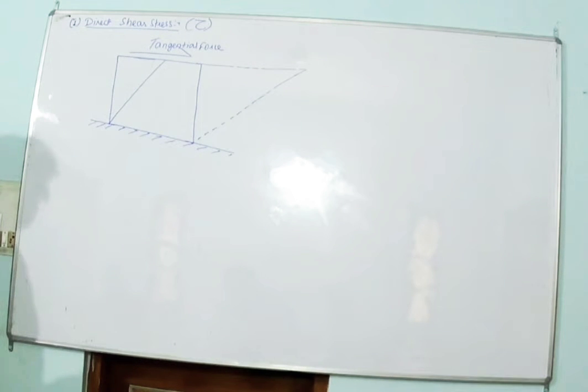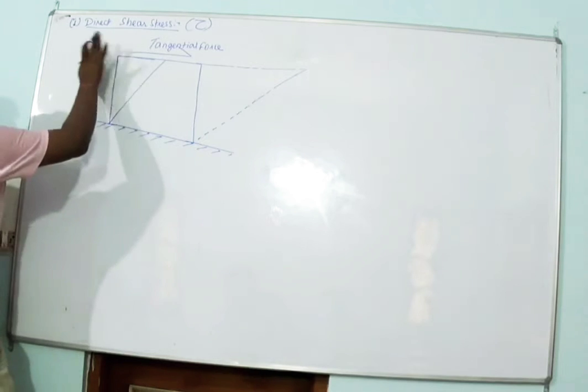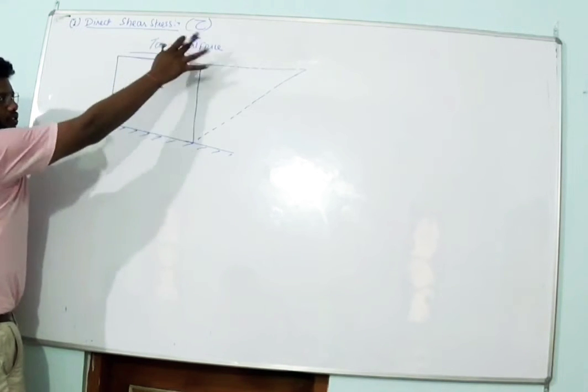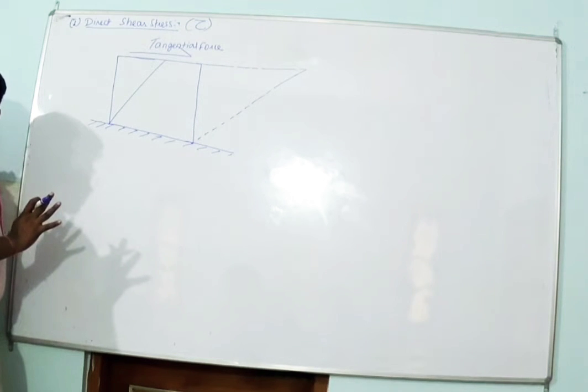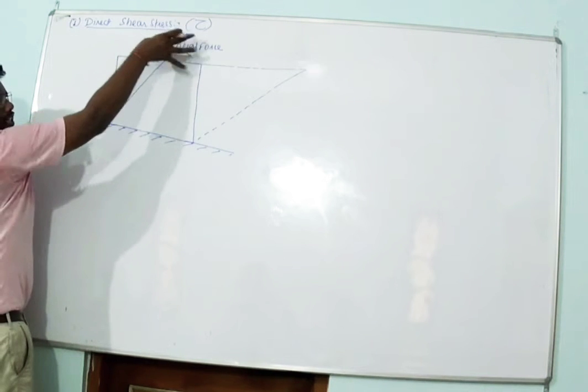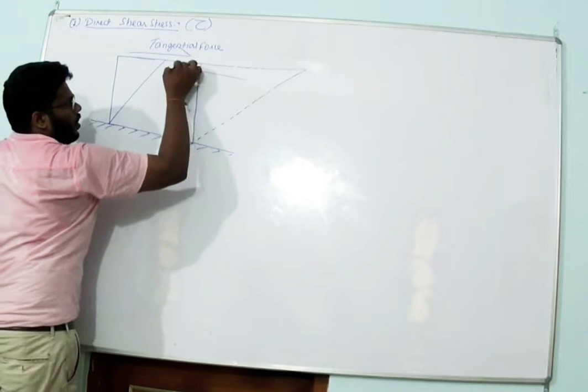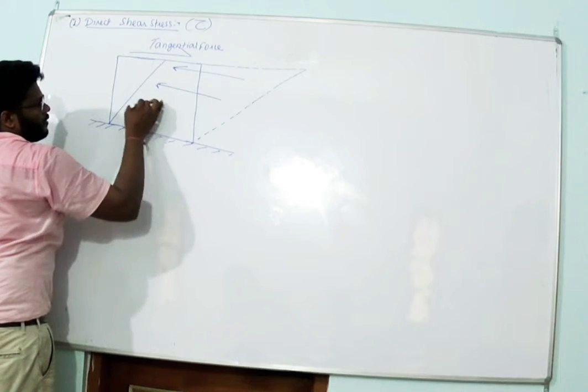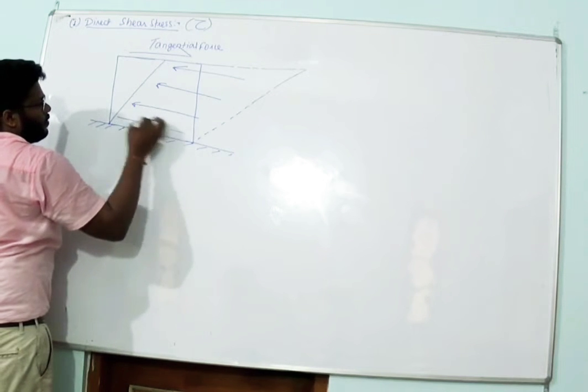So if it is deforming, that means after this much amount of load, obviously the element has resisted all the tangential force applied to it. All the force is resisted by whom? This element.